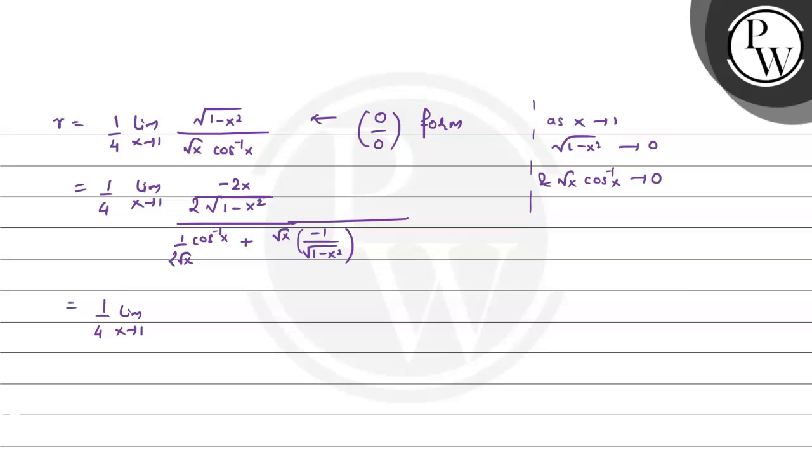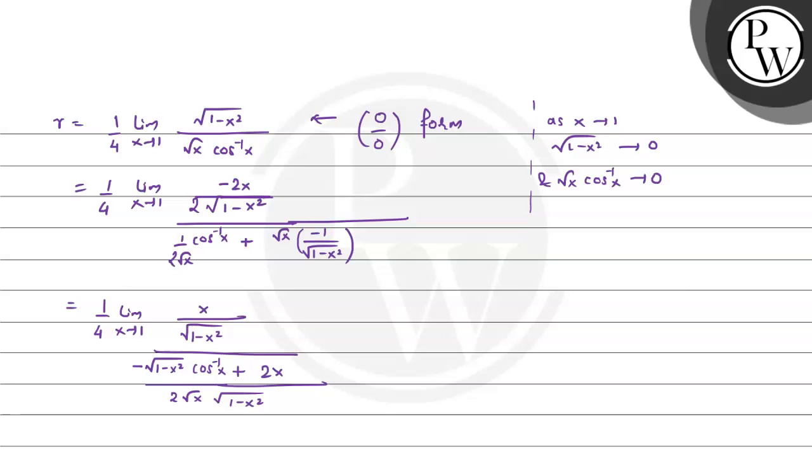So here we get, the minus and this minus will multiply, the 2 will cancel, and what remains is x divided by square root of 1 minus x squared, whole divided by, we will also take the LCM here, so we have square root of 1 minus x squared times cos inverse of x, negative sign here, divided by twice of root x times root of 1 minus x squared, because we are taking the LCM, plus here we get square root x and here root x times 2, so we have 2x.